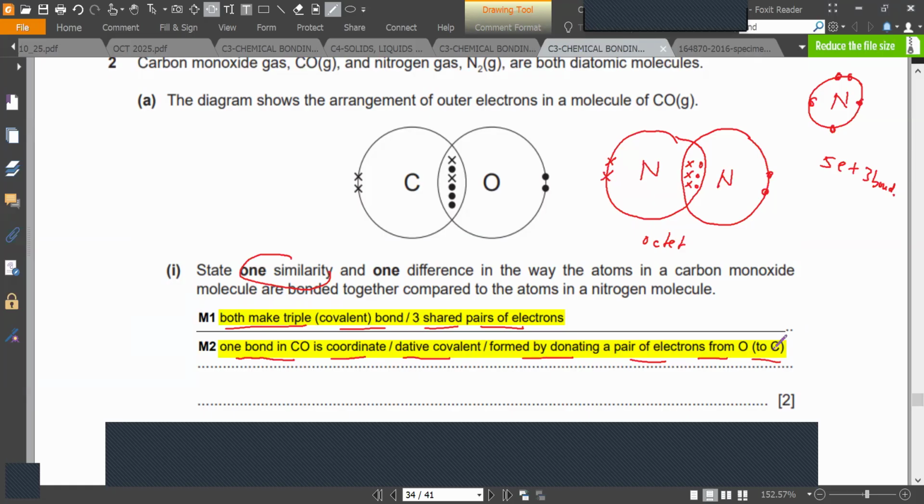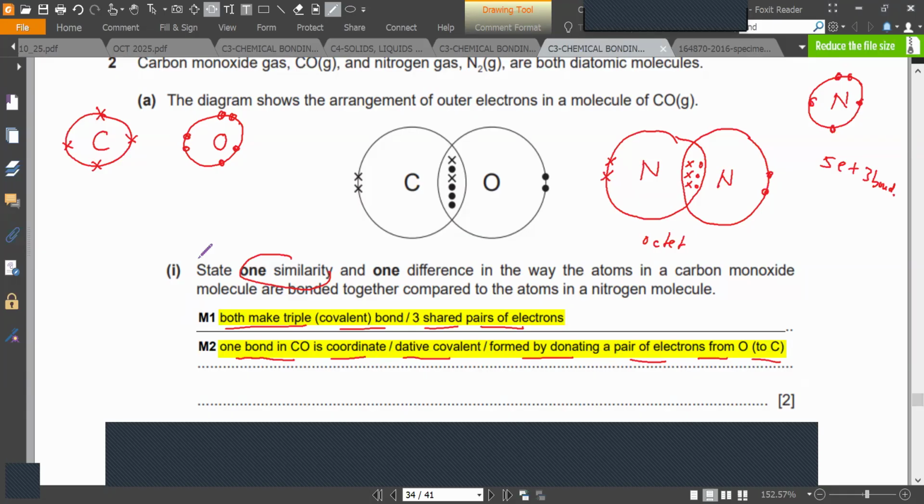So what does that mean? Carbon, we are starting with 4 electrons. 1, 2, 3, 4. Oxygen, we are starting with 6 electrons.